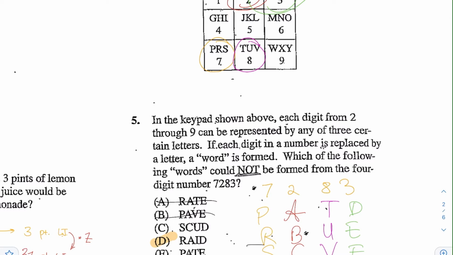You try to match the word, and SCUD can be made right here. So you eliminate that. For choice D, the word is RAID. Now you have R and A. You don't have I at the 8, so you can't have RAID. This I is a problem. And then for E, it's PATE, and that's here. So the answer has to be choice D.